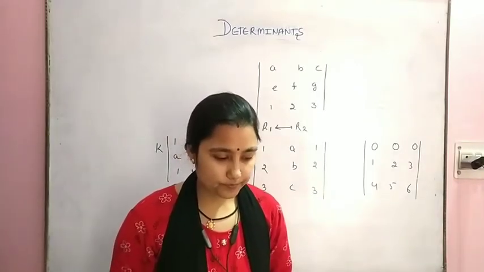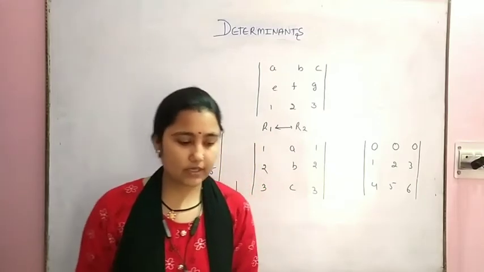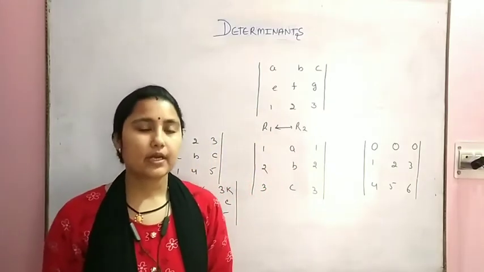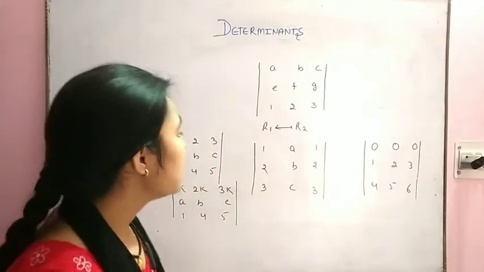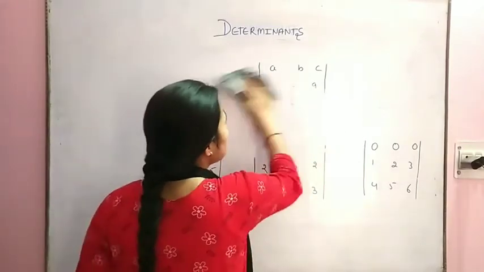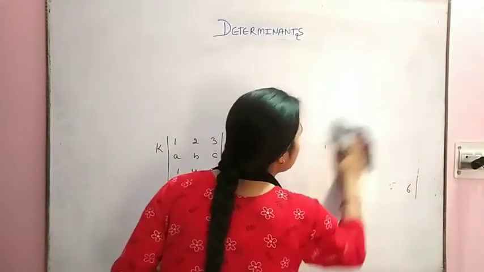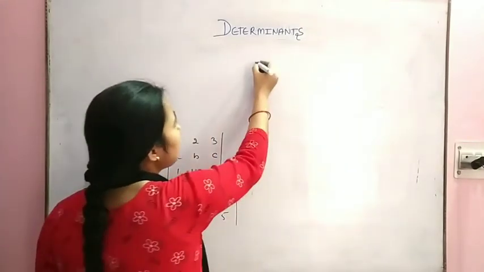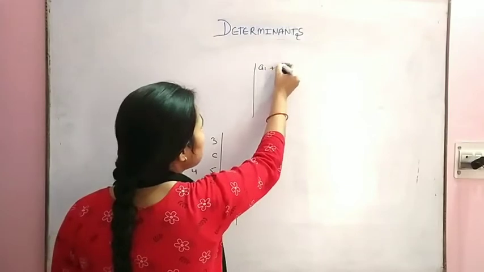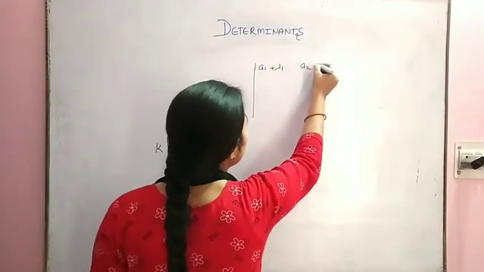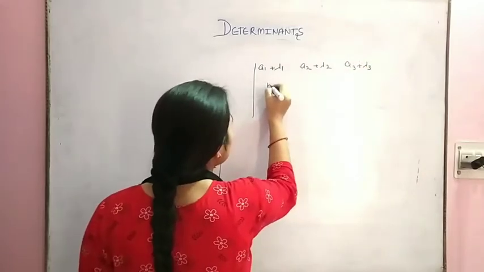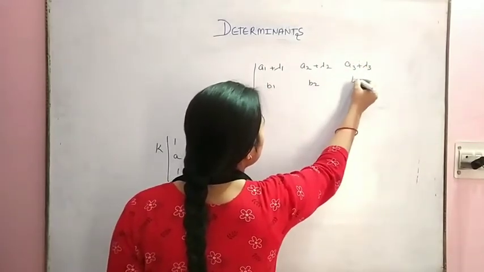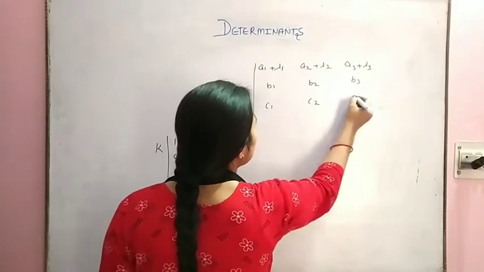Next property: if all elements of a row or column of a determinant are expressed as the sum of individual terms. Suppose we have a determinant with first row A1 plus lambda 1, A2 plus lambda 2, A3 plus lambda 3, then B1, B2, B3, C1, C2, C3.